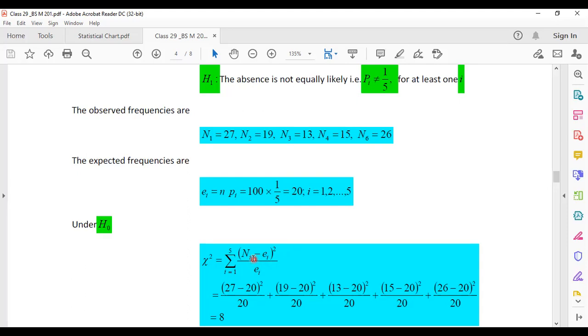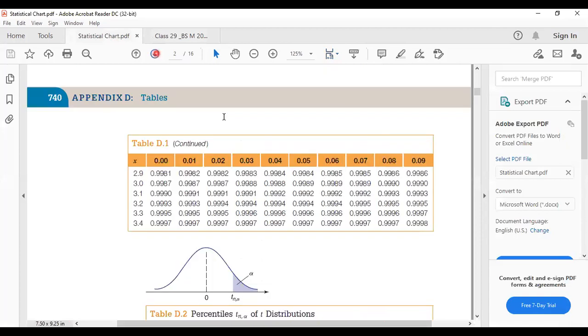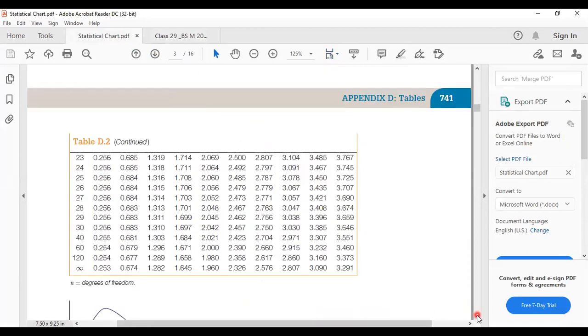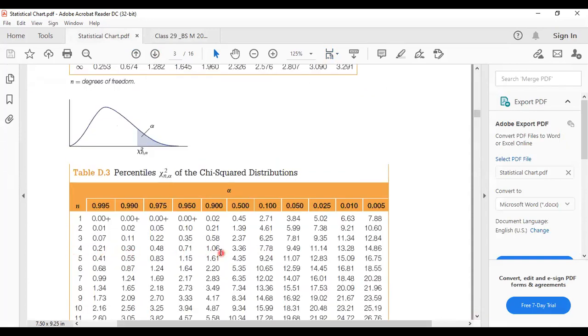So we have to check the tabulated value of chi-square from the chart that I have provided you. If I go to the chi-square table, at 5% level of significance, this is the area under consideration, and this is the degrees of freedom I am considering, 4.